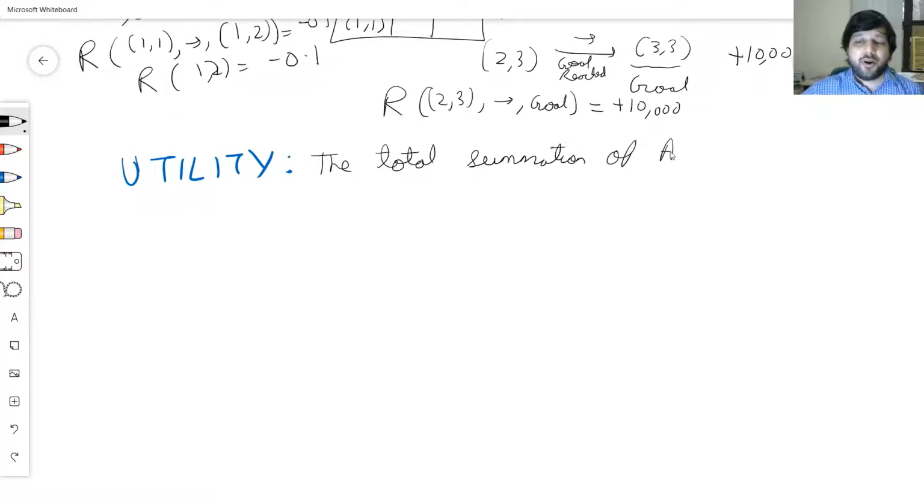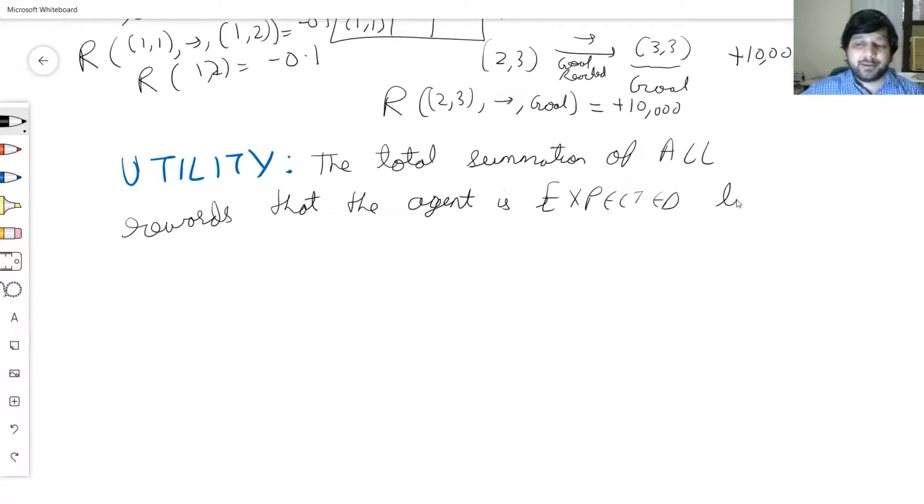So utility is the total summation of all rewards that the agent, I do not know how much it will get, so I say is expected to get from the state S, and that's denoted as U(S).